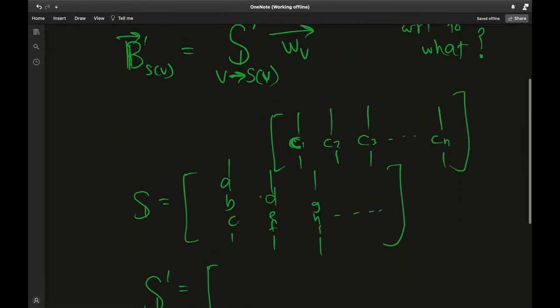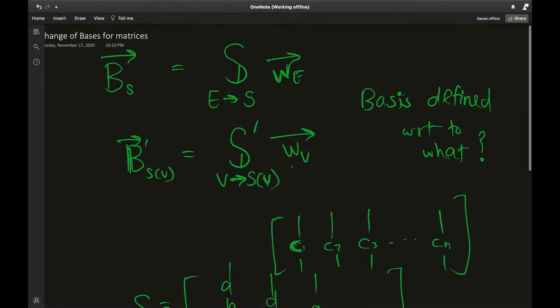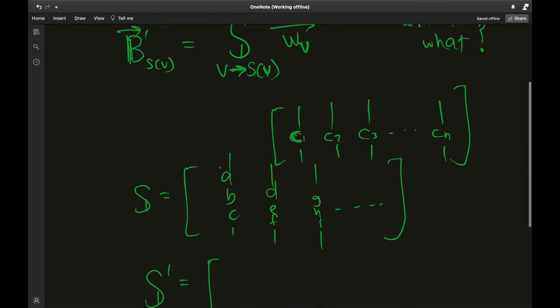But since we're working in basis V originally, we're purely in basis V. Otherwise we won't be able to replicate this process.